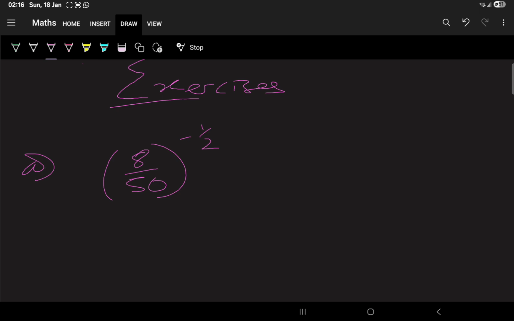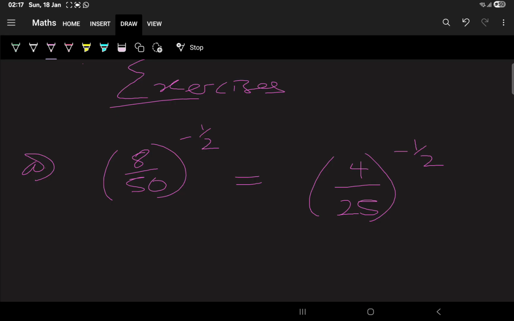Now we can easily see we have our negative index law right here. Now this is going to be equivalent to 4/25 raised to the power of -1/2.